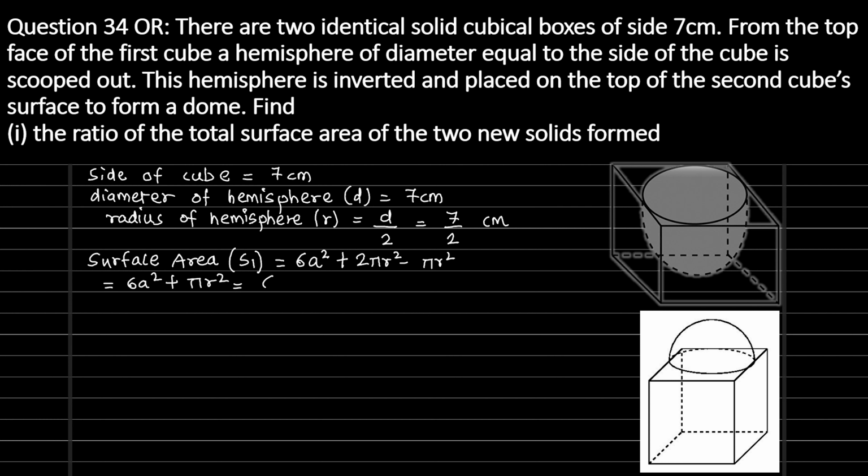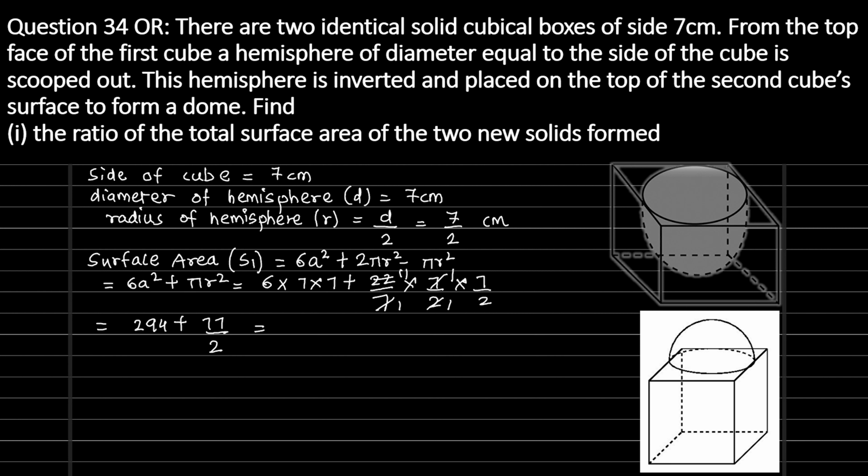Now substituting the values, we write 6 into a, the side of the cube is 7, so 7 into 7, that is a square, plus pi, which is 22/7, into r square, so 7/2 into 7/2. This equals 294 plus 11 into 7, that is 77, divided by 2.